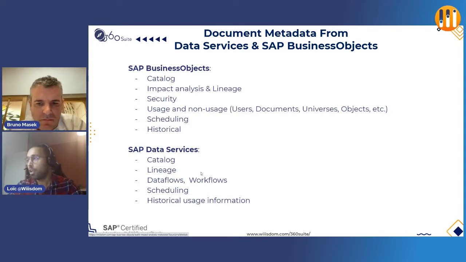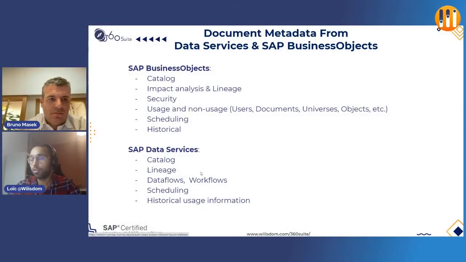And we have the same process for BOBJ. BOBJ has more metadata, more diversified metadata, so we have 3 universes, but it works exactly the same. We have a database where we extract all the metadata information coming from BOBJ, from the file store, from the audit database, and also from the CMS database.